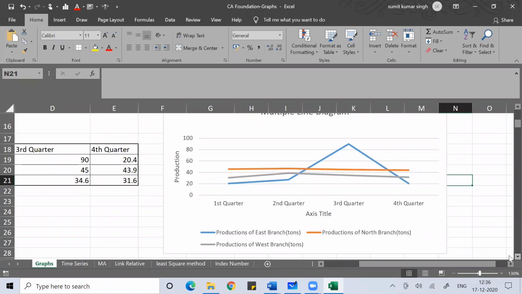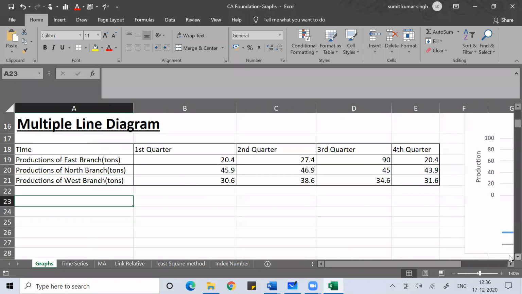The blue color is the production of east branch, the orange color is the production of north branch, and the gray color is the production of west branch. So in multiple line diagram, we consider multiple variables and analyze them.